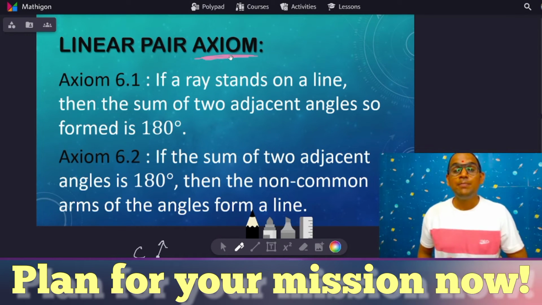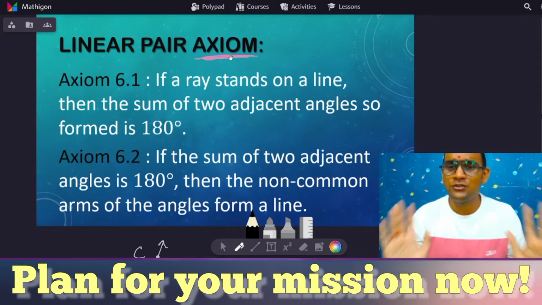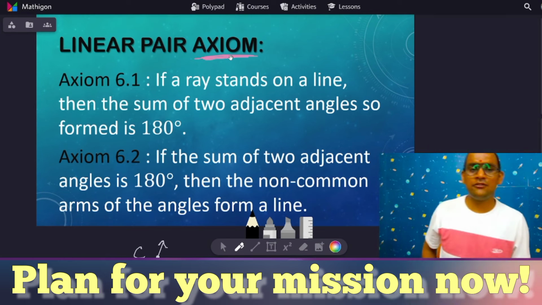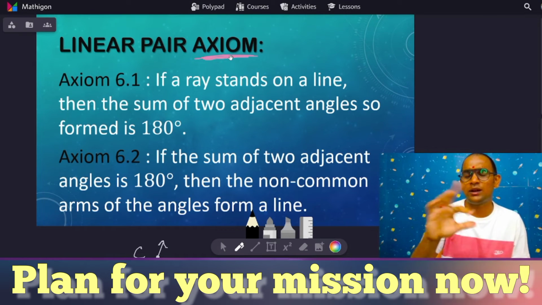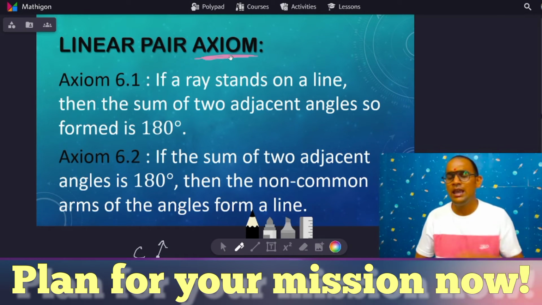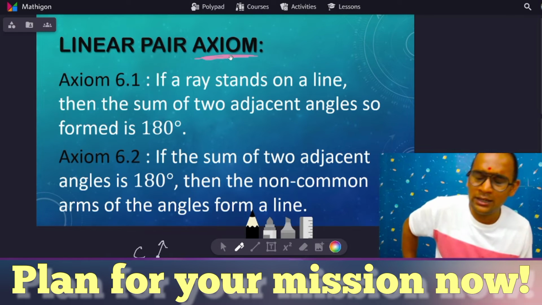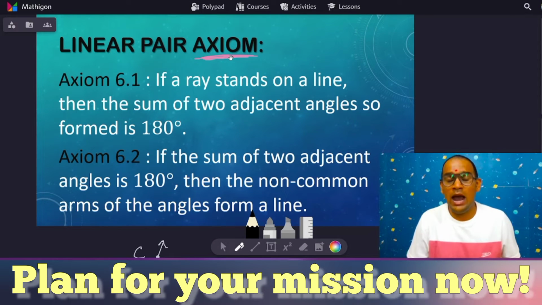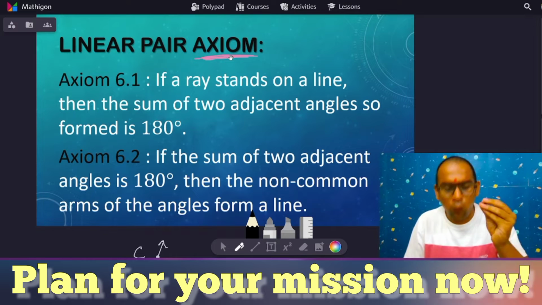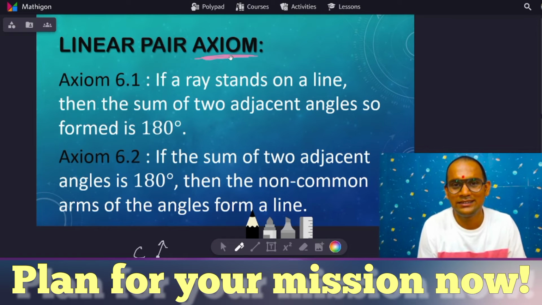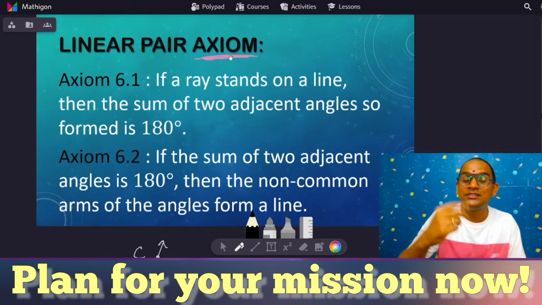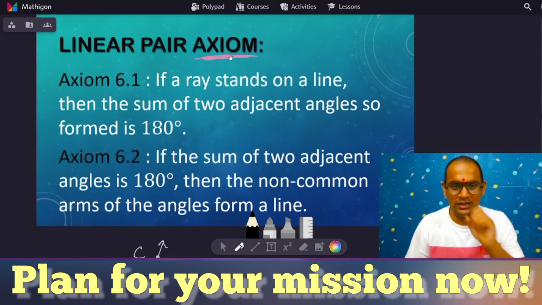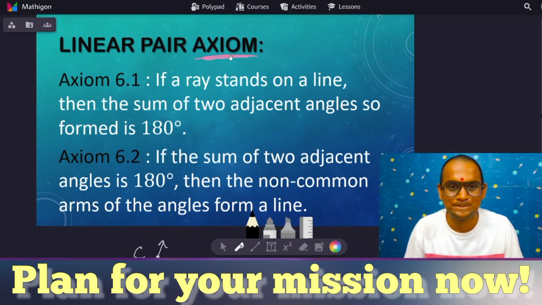Now, my dear students, pause the video, read both the axioms once again, and come back to me and try to answer my question: what is the similarity between these two axioms?